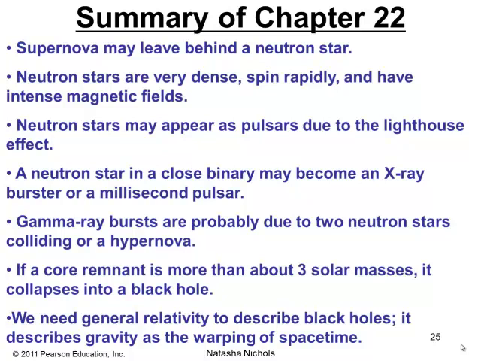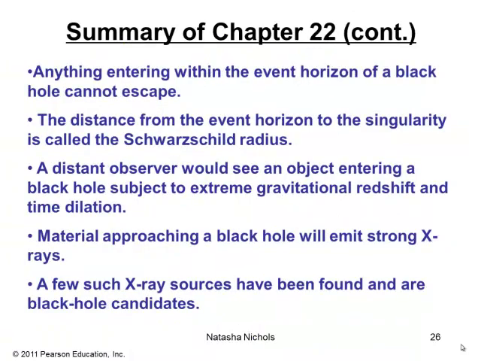We need Einstein's general relativity to describe black holes, because relativity describes gravity as the warping of space and time. Anything entering within the event horizon of a black hole cannot escape. The distance from the event horizon to the singularity is called the Schwarzschild radius.